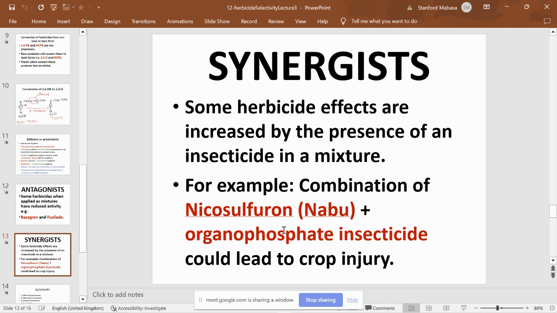So some herbicides have increased effect if they're in the presence of an insecticide. For example, the combination of nicosulfuron plus organophosphate insecticide. So we should make sure that our tanks are thoroughly cleaned before we use some of these pesticides.